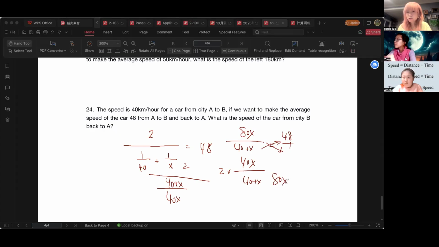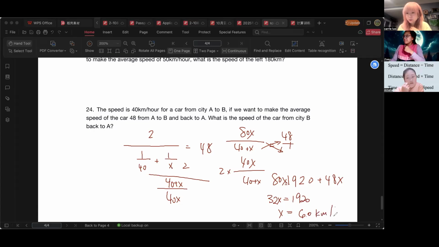So 80x equals 1920 plus 48x. So 80 minus 48, 32x equals 1920. So x equals what? 60. Okay. 60 kilometers per hour is when he is back.